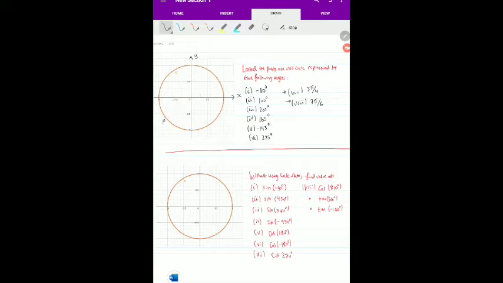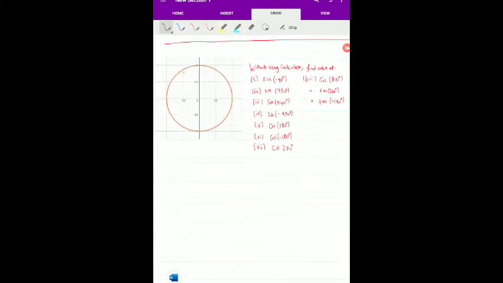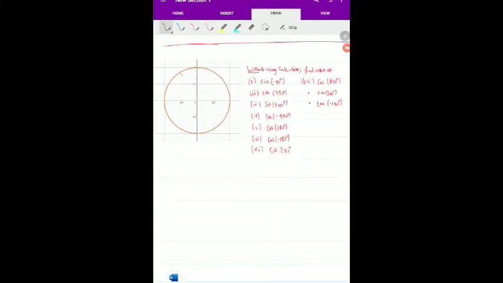Now, let's figure out, okay, so now we move on to the next question. Without using a calculator, find the value of all of these trigonometric functions. So let's start with question 1, sorry. Sine of minus 90 degrees.